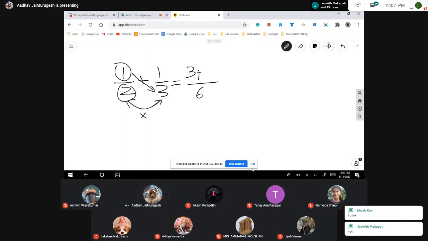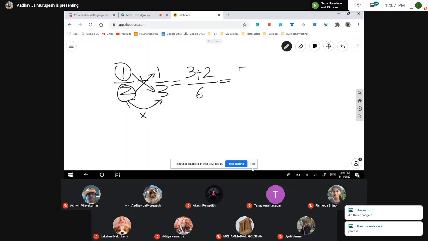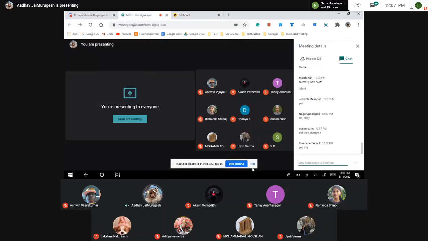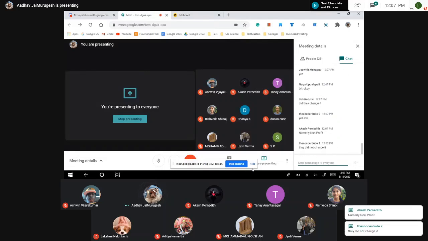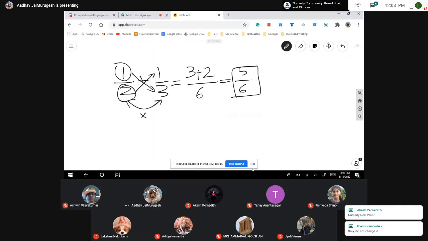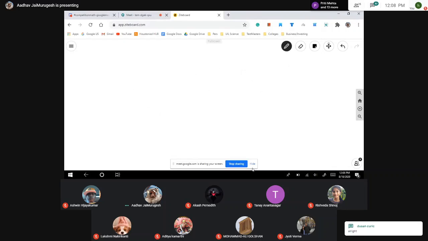Then we take the denominator of the first fraction and multiply it by the second numerator, which gives 2. So our total answer is 5/6. I think all of you got this right. That's really good. It shows you're paying attention and doing your homework.